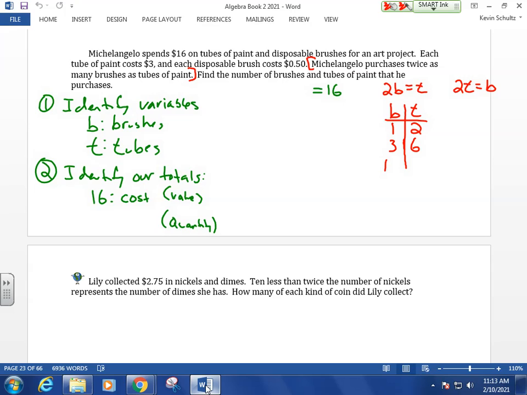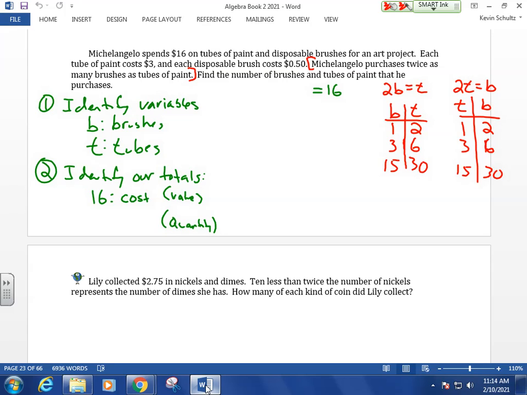And if we buy 15 brushes, how many tubes of paint? 30. Okay. If we do the same thing over here with tubes of paint and brushes, and say if we buy 1 tube of paint, that's 2 brushes. If we buy 3 tubes of paint, that's 6 brushes. If we buy 15 tubes of paint, that's 30 brushes. We can go back to our verbal and say Michelangelo purchases twice as many brushes as tubes of paint.